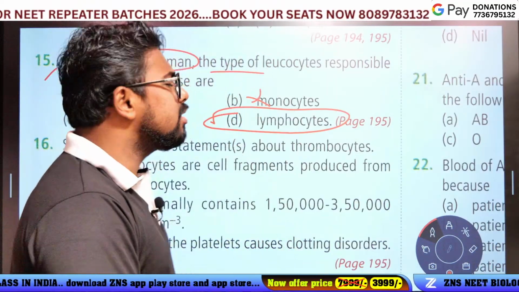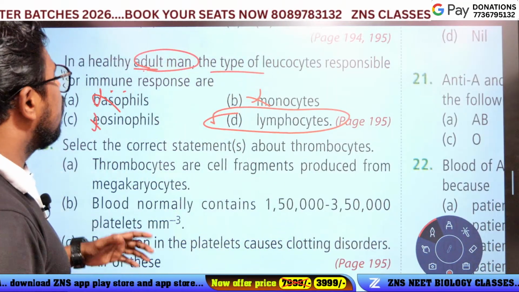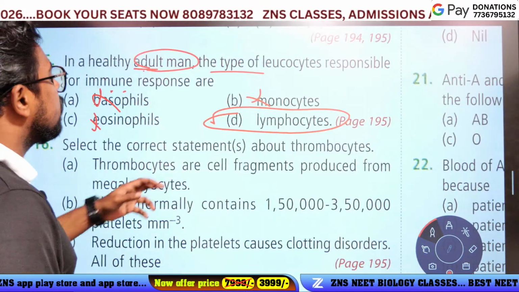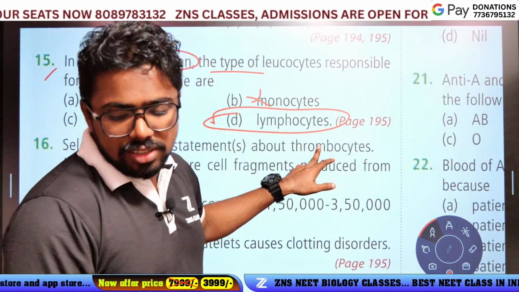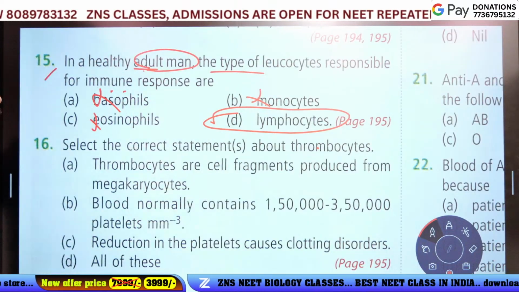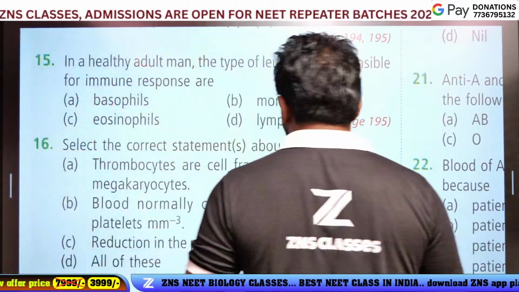The average person's immune response is not by basophils, not monocytes, not eosinophils, it is lymphocytes. So option D is the answer.